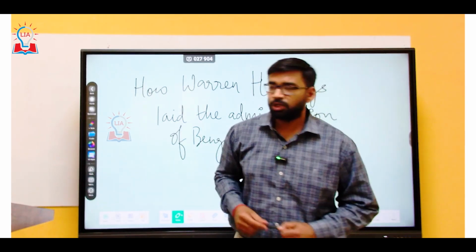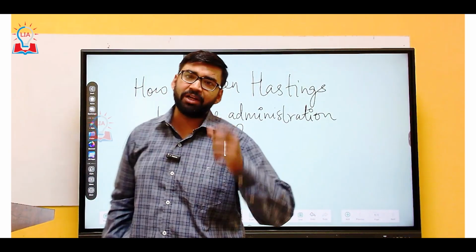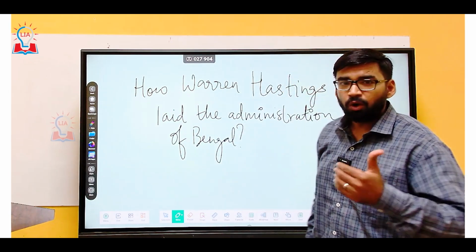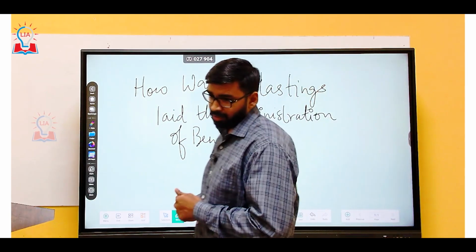Okay. So the topic is how Warren Hastings laid the administration of Bengal.